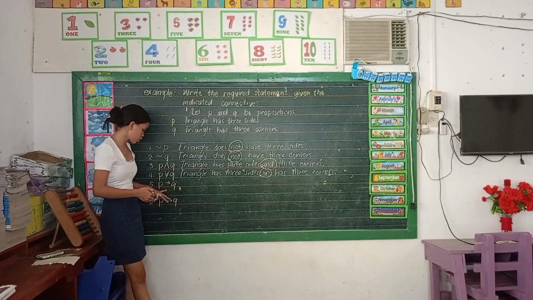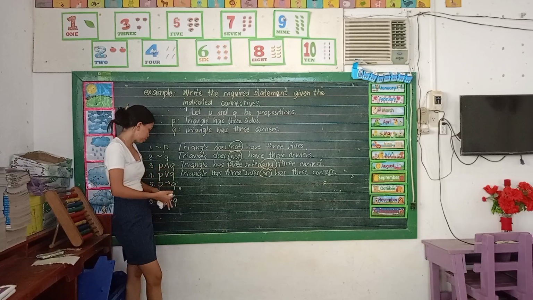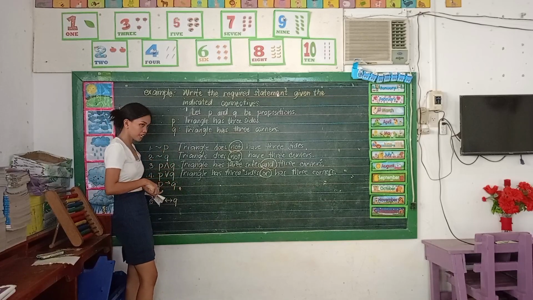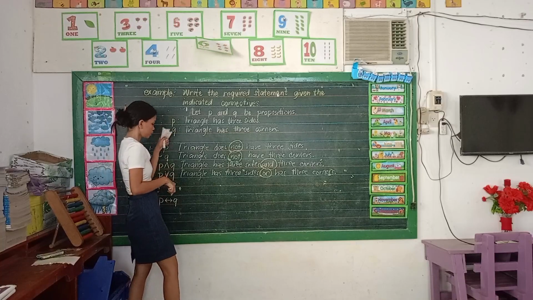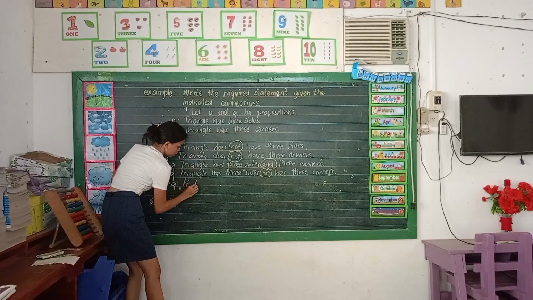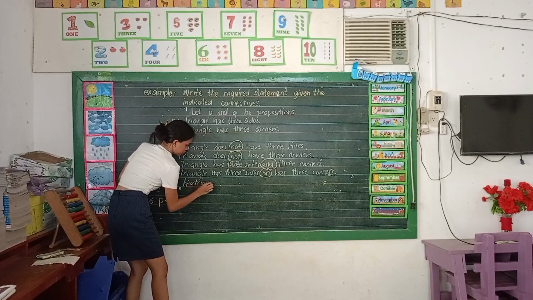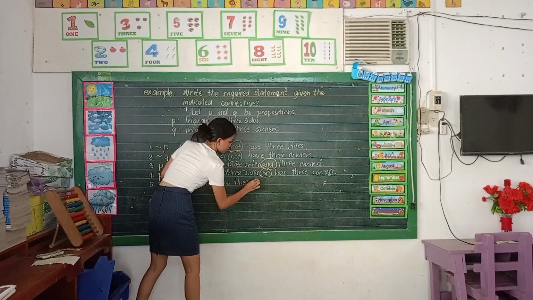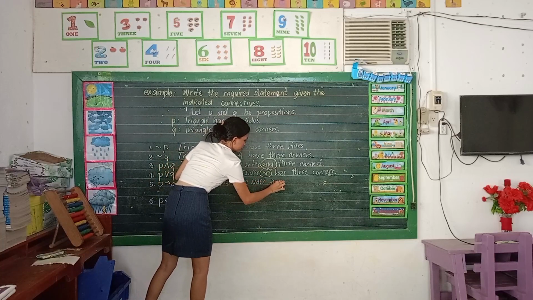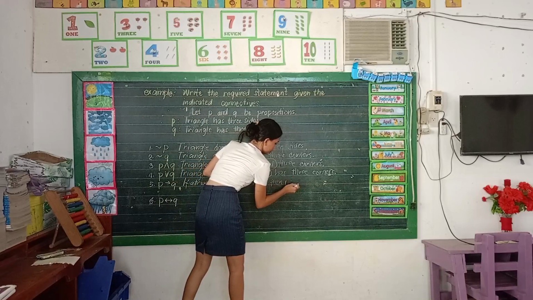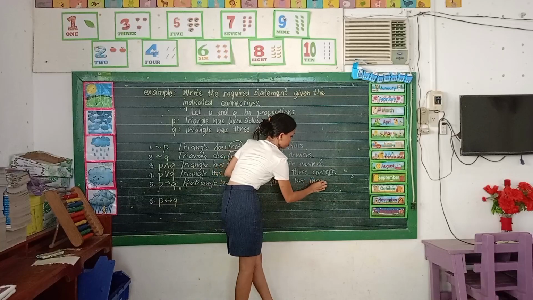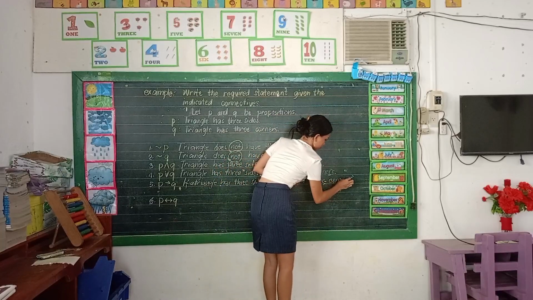Then next, we are going to use the conditional connective using the given statements: if P, then Q. So it becomes: if a triangle has three sides, then it has three corners.